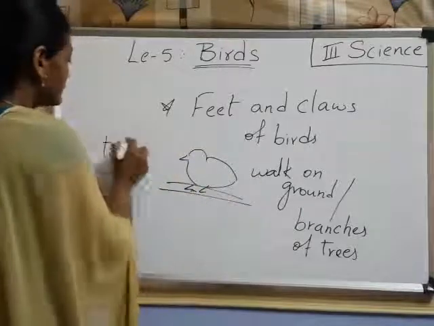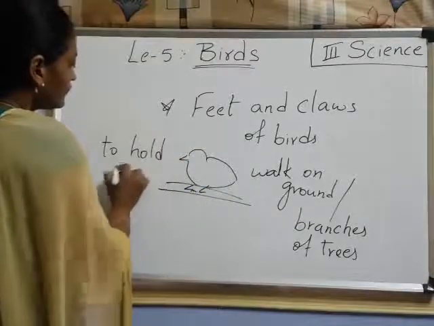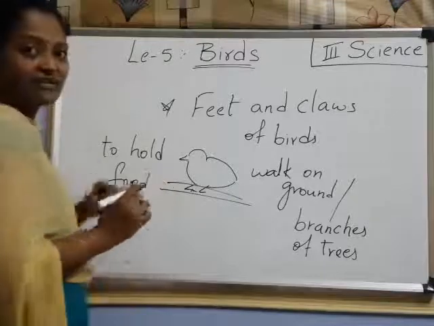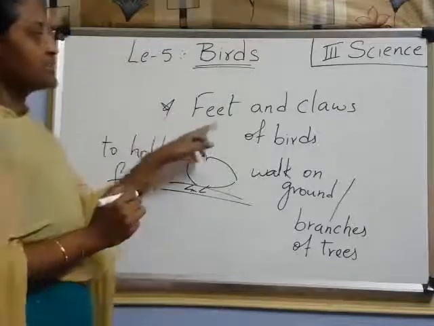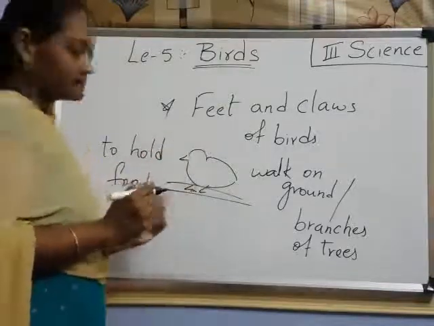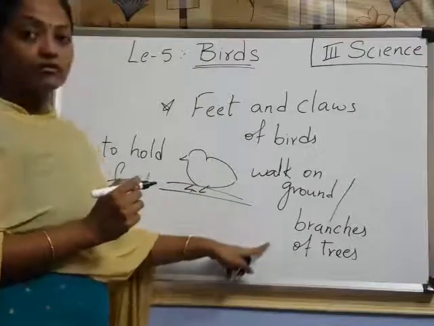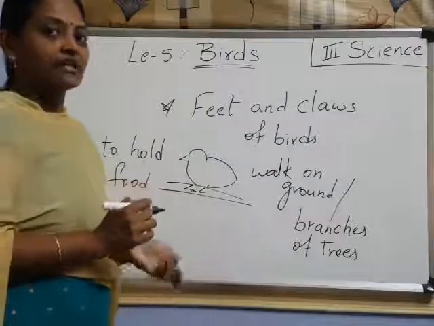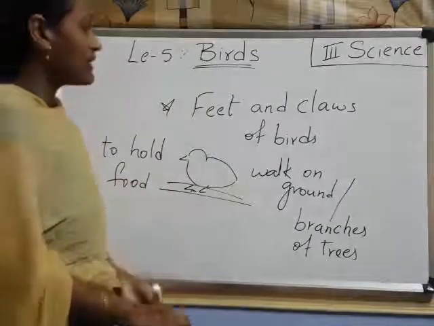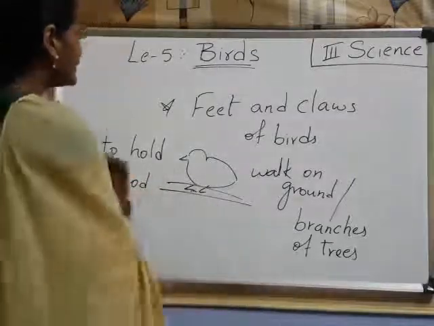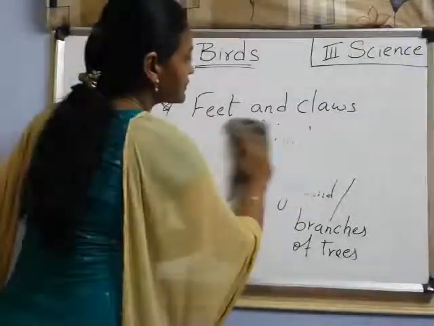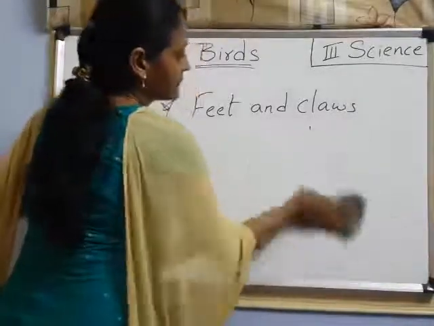And to hold food also. Understood children? Right? So the feet and claws are used for holding the food and to walk on the ground and also to walk on branches of a tree. Understood? Now we'll see different birds having different types of claws and feet one by one.